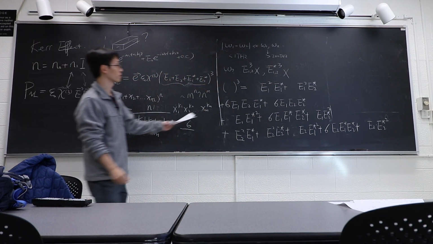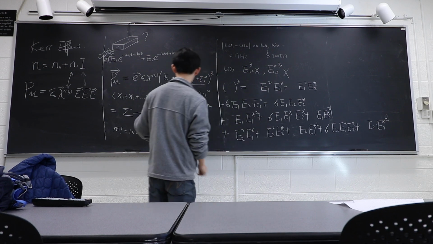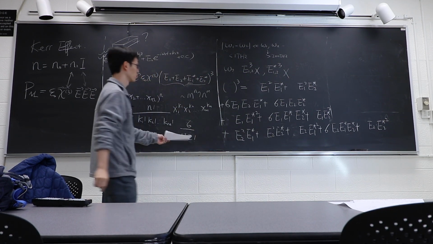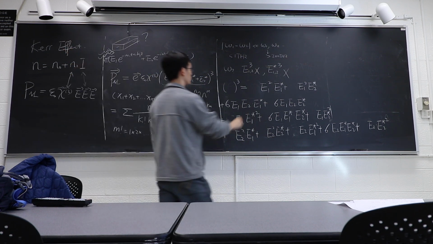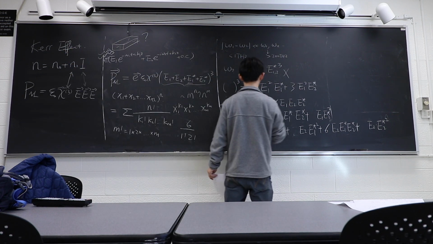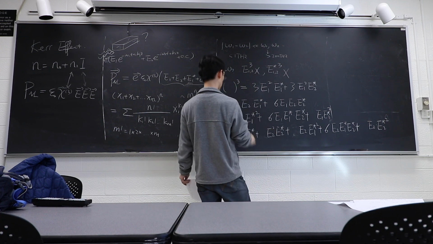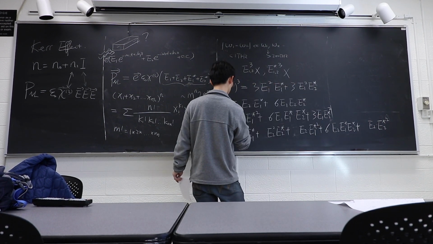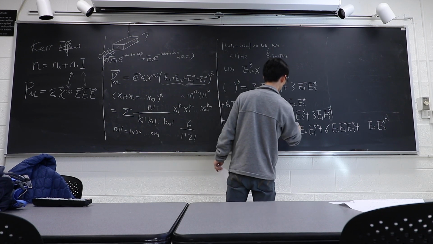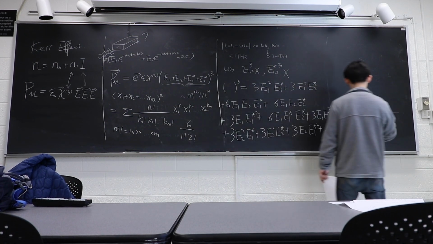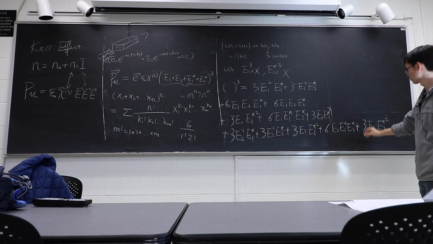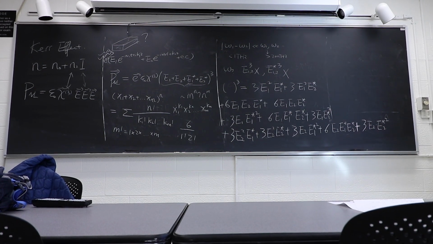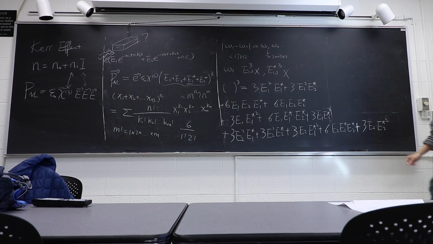And then for this, you have 1 and 2. So all the rest you have 3. So this is actually pretty nice.